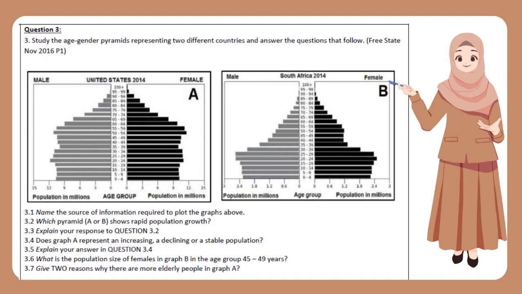November 2016 P1. 3.1 Name the source of information required to plot the graphs above. 3.2 Which pyramid, A or B, shows rapid population growth? 3.3 Explain your response to question 3.2. 3.4 Does graph A represent an increasing, a declining, or a stable population? 3.5 Explain your answer in question 3.4. 3.6 What is the population size of females in graph B in the age group 45 to 49 years? 3.7 Give 2 reasons why there are more elderly people in graph A.